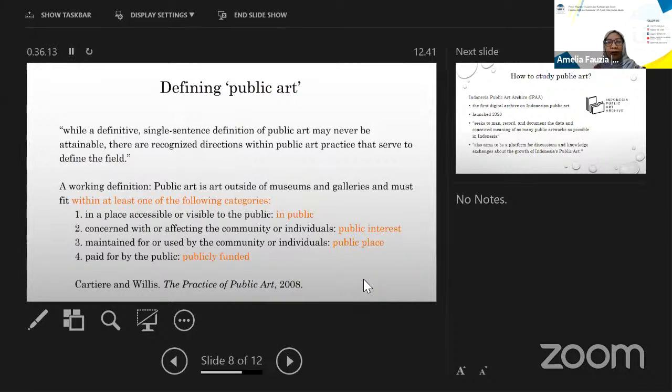And also the question, still in the definition, about what materials can we regard as a public art, let's say.